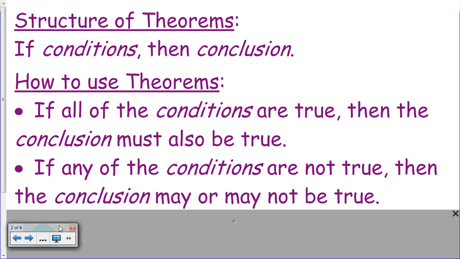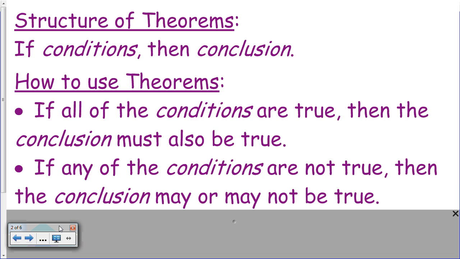But we're not very good at the second part, that sometimes we want to say, if we don't meet the conditions, that means that the conclusion can't be true. It's not what an if-then theorem says. It says if you don't meet all the conditions, then we don't know for sure what that means about the conclusion. It may be true in some cases, it may be false in other cases. Okay?